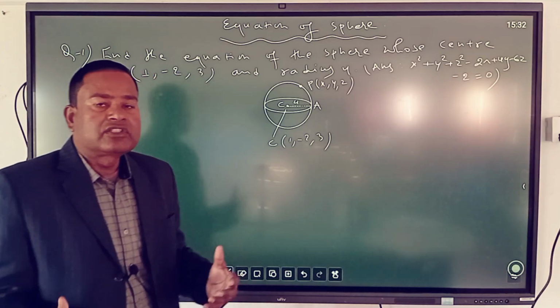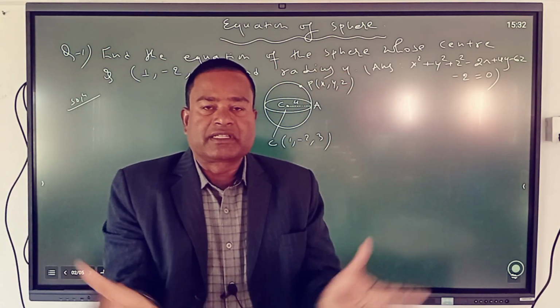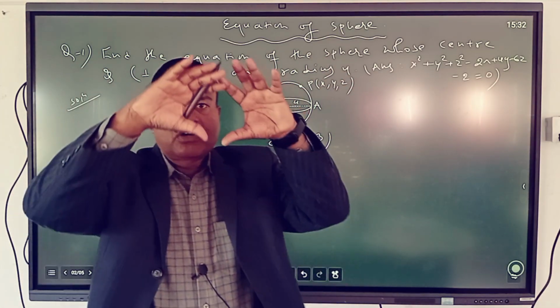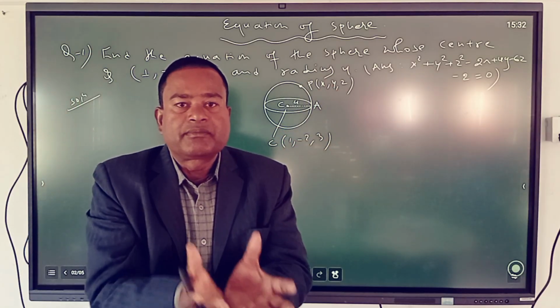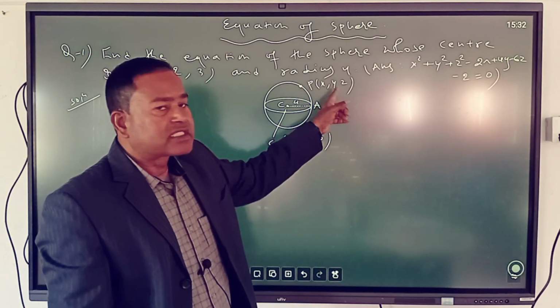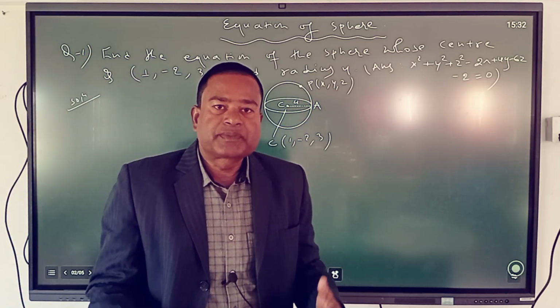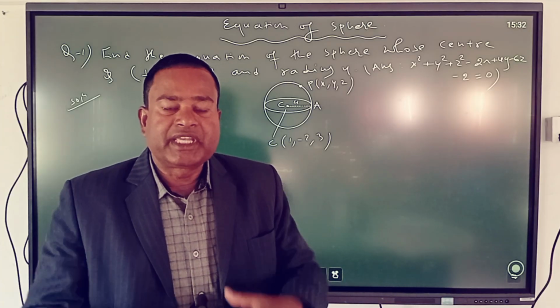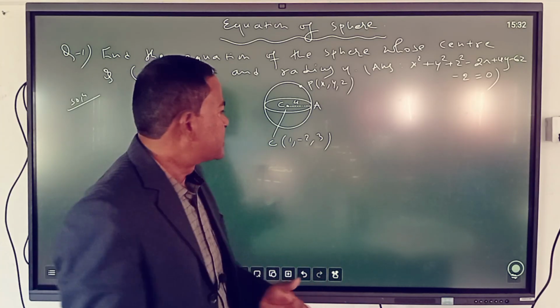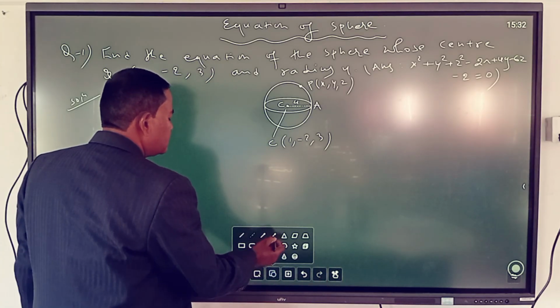In order to find the equation of a sphere, let us represent all the points of a sphere by P(x, y, z). Let's suppose P(x, y, z) is any point on the surface of the sphere.